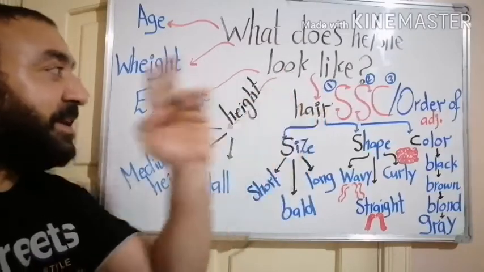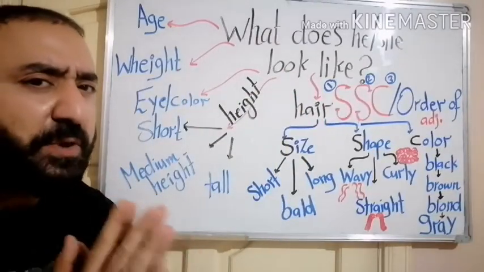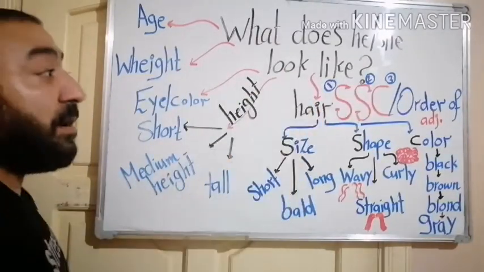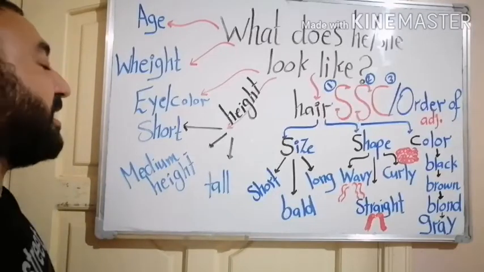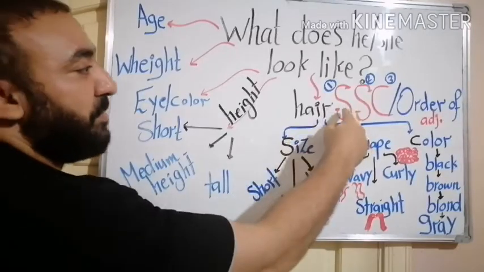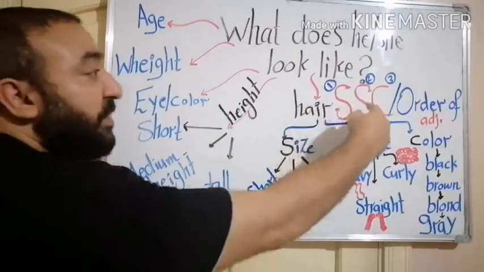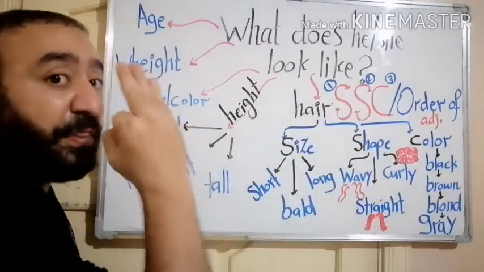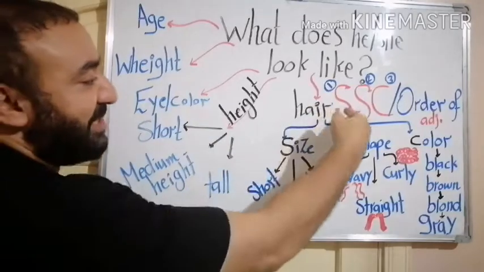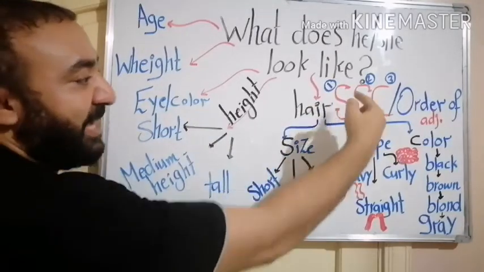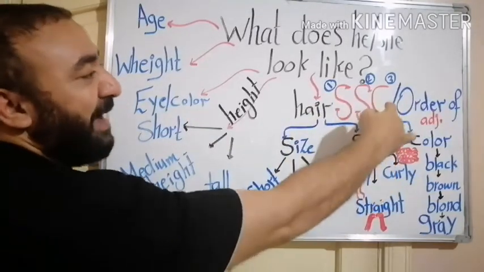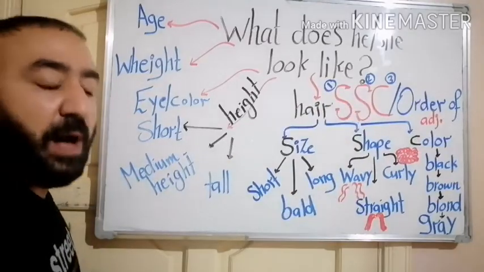Now, the second thing here, hair. I want you to focus as much as possible because there are a lot of details we're going to discuss together. I want you to remember these three letters, SSC. These three letters stand for three words. S stands for size, the other S stands for shape, and finally C stands for color.